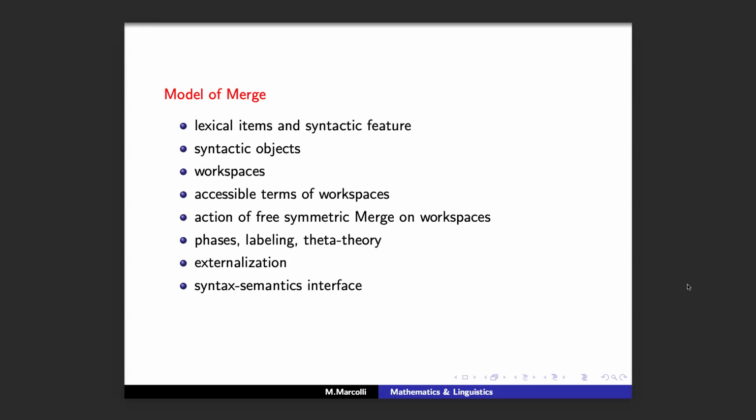And then there are two channels, right? So this is the structure-building computing operation of syntax, and then the products of this go to two interfaces. One is called externalization, and it's the interface with our sensory-motor system that makes the language external, whether by speech or by writing or by sign languages.